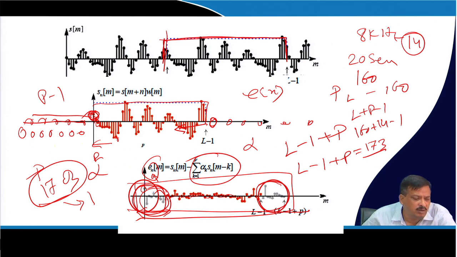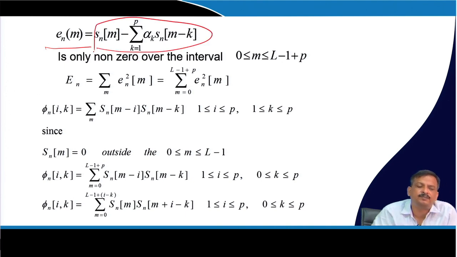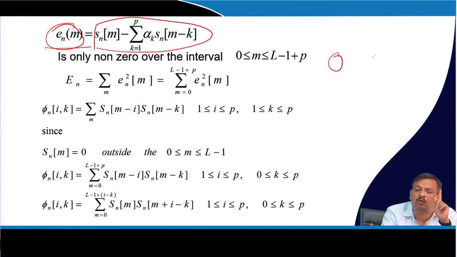Okay. So, now you can say that E n m is nothing but the signal minus the estimated signal, and the signal is only non-zero within the window. So, the error is only non-zero over the interval 0 to L minus 1 plus p.